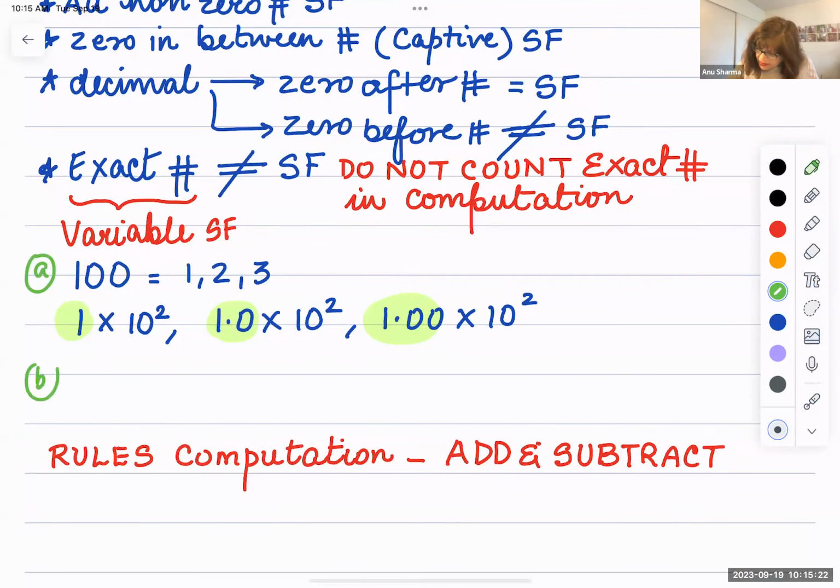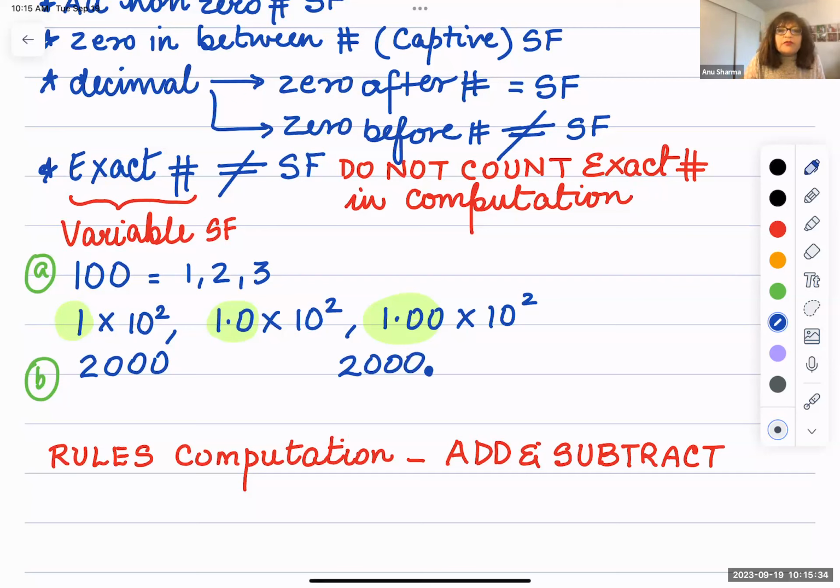Second example. Let's say instead of 200, 2000. So one number is this, and another number is this, 2000 point. When we say 2000 point, what does that mean? That means that all these zeros are counted, because anytime there is a decimal, the zeros are counted. So this one will have 1, 2, 3, 4, four significant figures and nothing else.